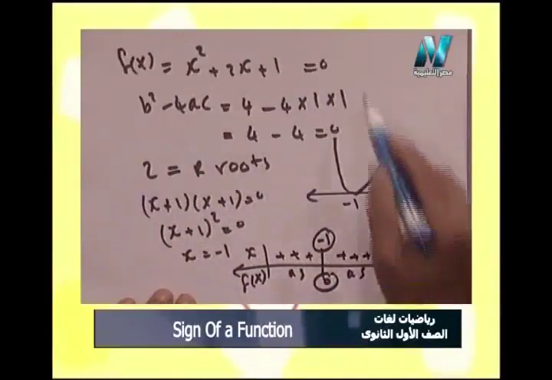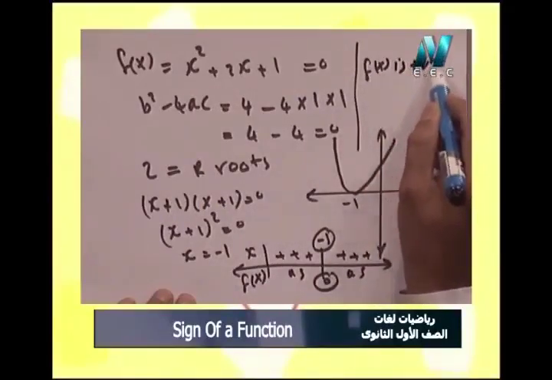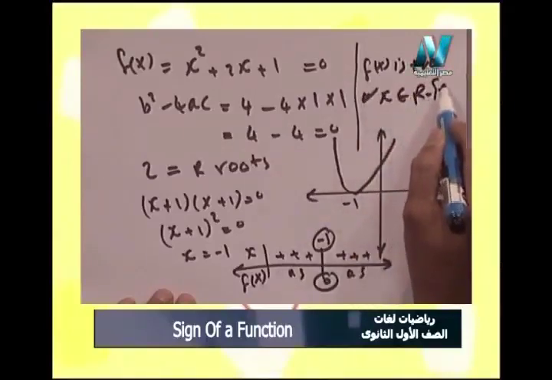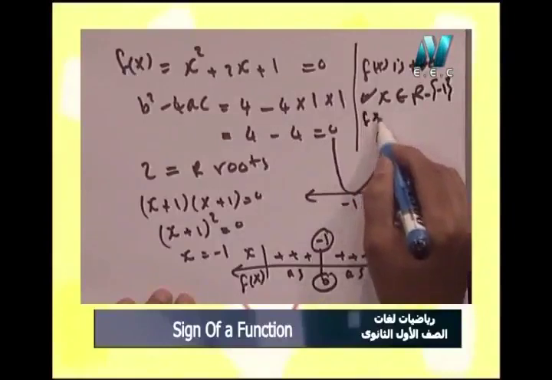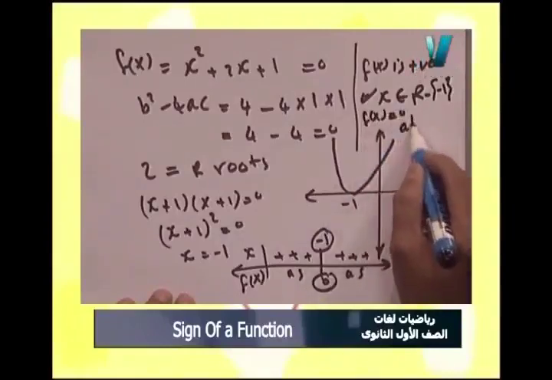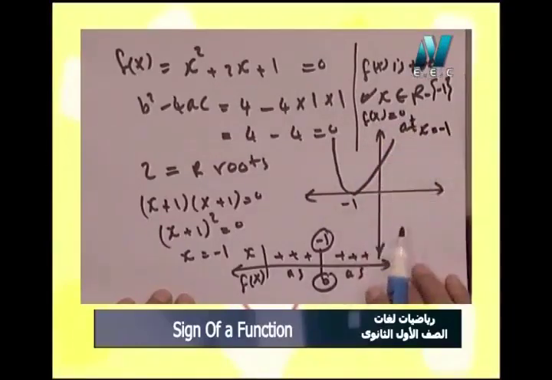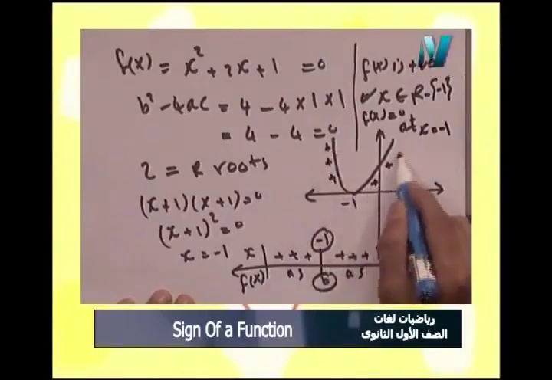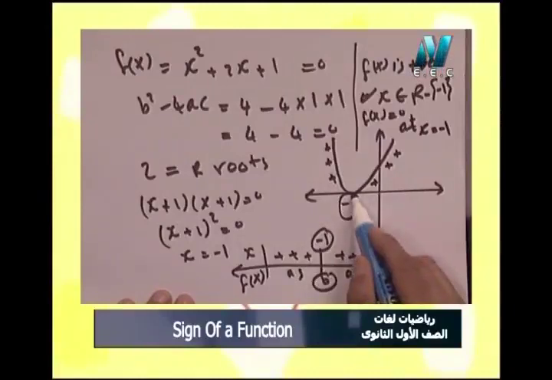So the function is positive for all x belongs to R except −1. And f(x) equals 0 only at x equals −1. Okay, so the function will be positive before −1 and after −1. So it is positive from −infinity to infinity except at −1, because at x equal −1 the function will be 0 here.